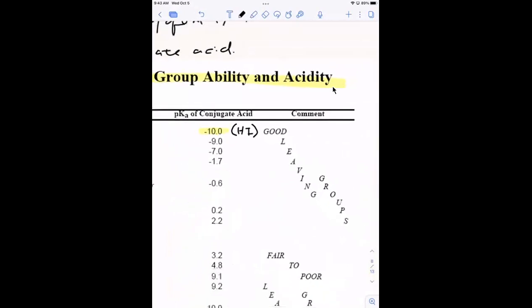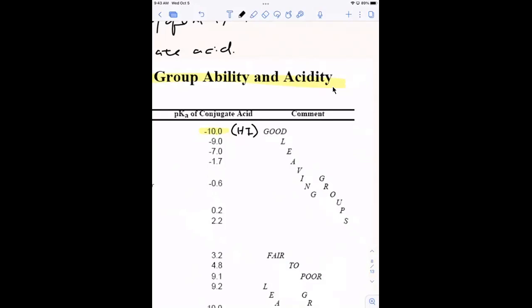How many of you remember from part 1 when you studied pKa, the pKa of an acid being based on how stable the conjugate base is? And the conjugate base can be stabilized by hybridization, induction, resonance, size, or electronegativity.